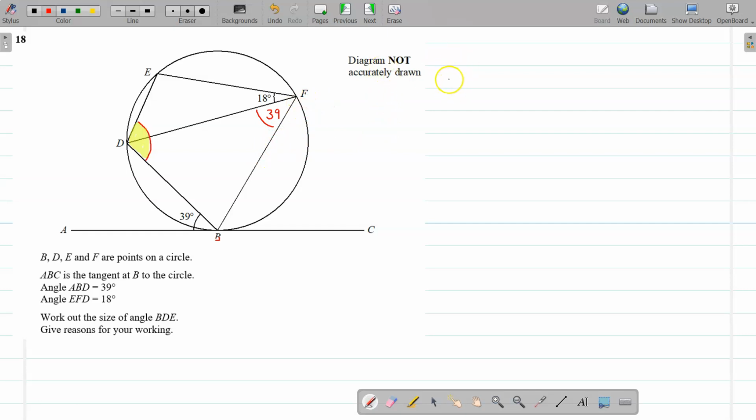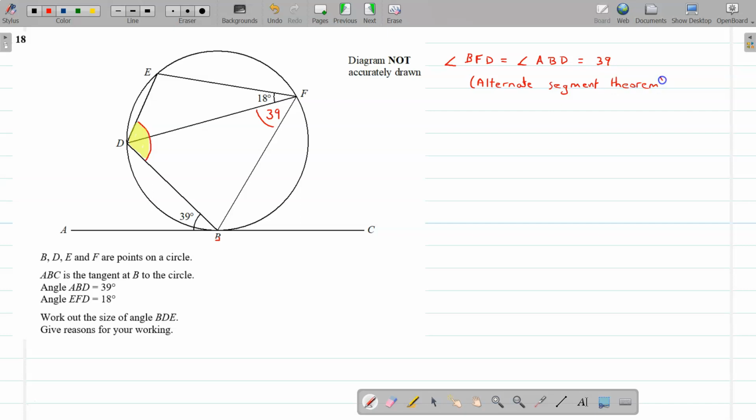So my reasoning starts now. I've got to write this down to get the marks. So angle BFD is equal to angle ABD, which is equal to 39, and the reason is alternate segment theorem, and that's an acceptable reason, just like that, alternate segment theorem.